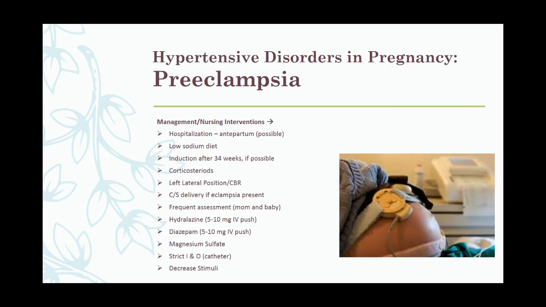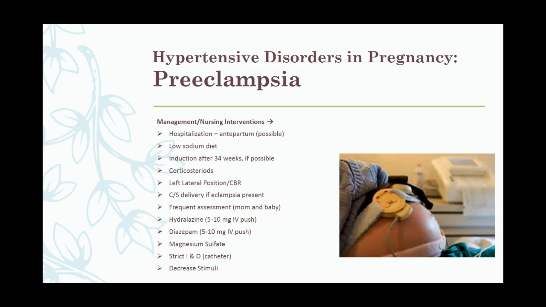So here you go. How do we manage it? Oftentimes, these people have to be hospitalized. We put them on a low-sodium diet because we do not want them retaining any more fluid than they are already retaining.